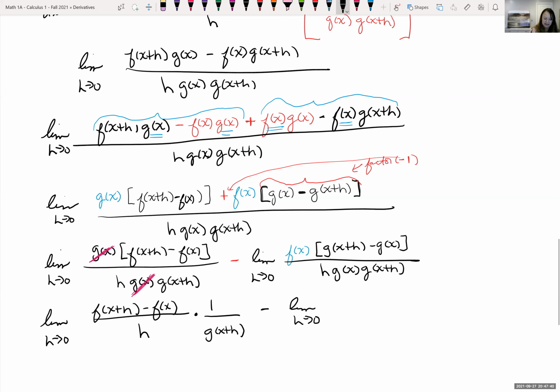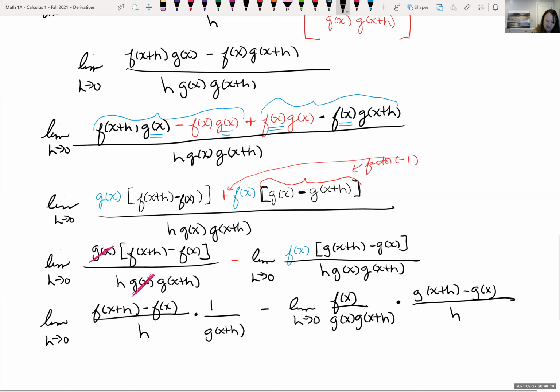Let's rewrite this because I see a derivative in here. Let's see, f of x all over g of x plus h times g of x plus h minus g of x all over h.